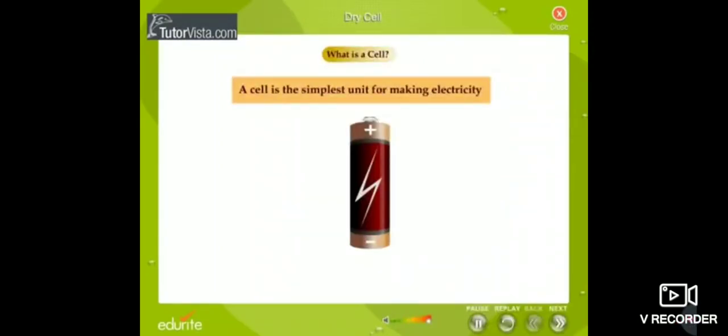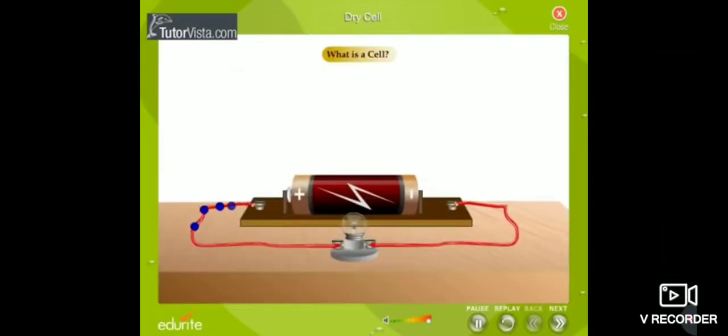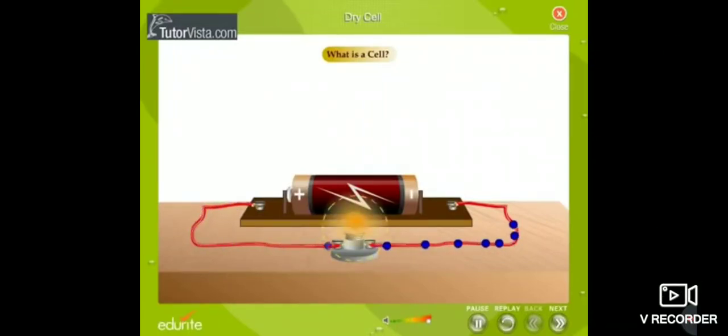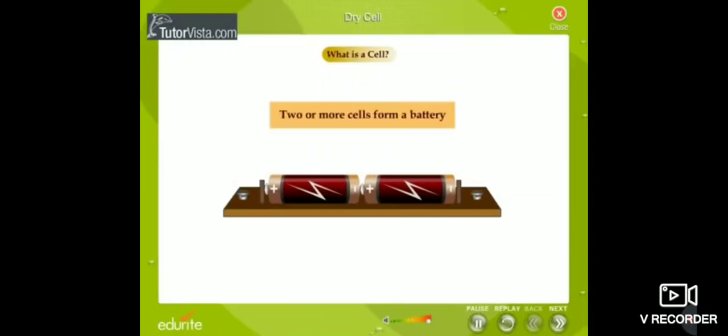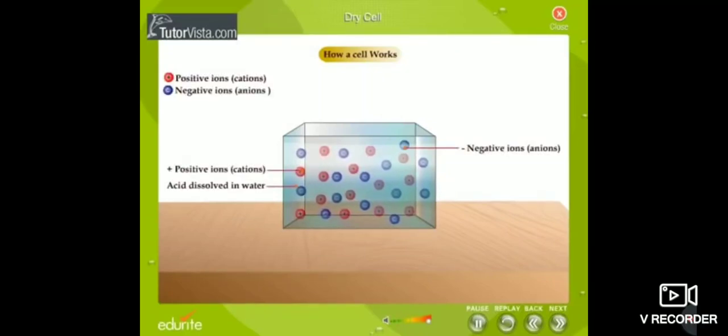A cell is the simplest unit for making electricity. It generates electricity from chemical reactions. It pumps electrons along wires. Two or more cells form a battery. Substances such as acids dissolve in water to form charged particles, namely positive ions or cations and negative ions or anions.